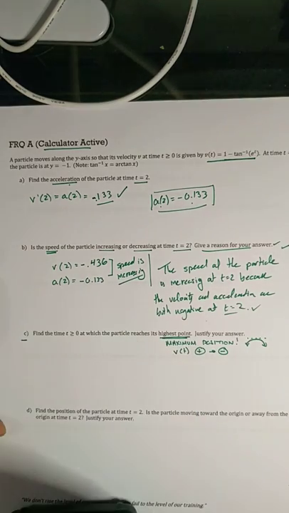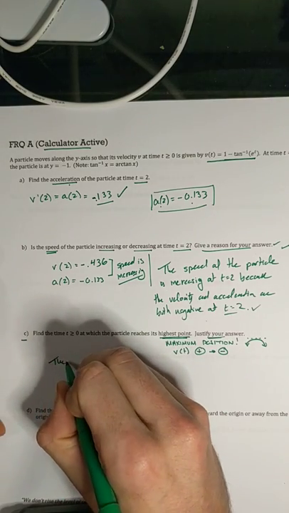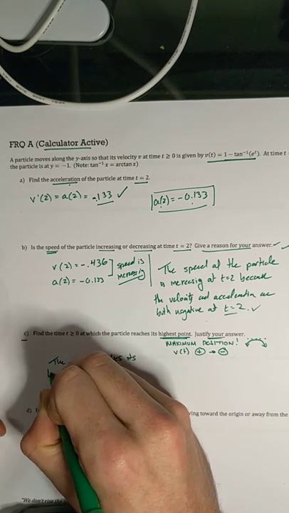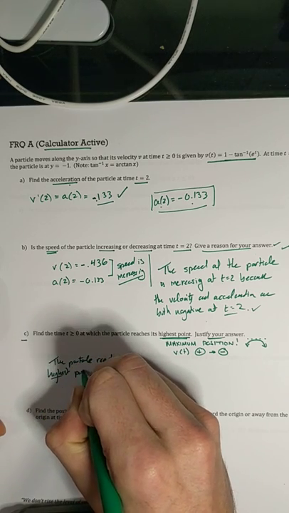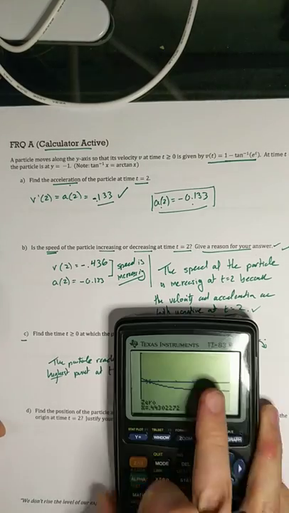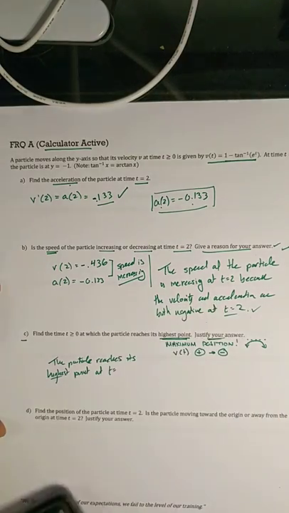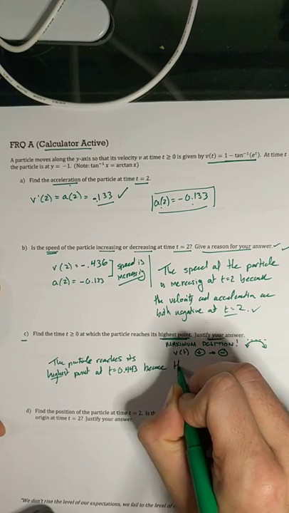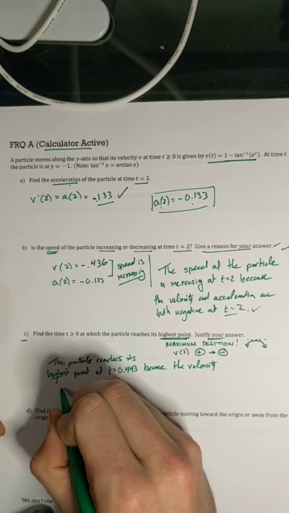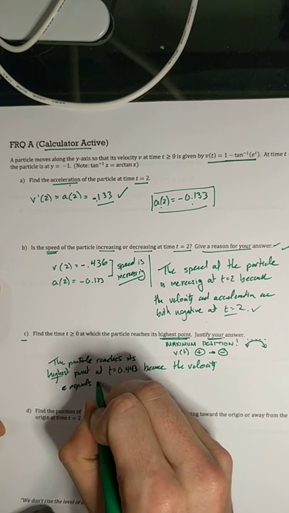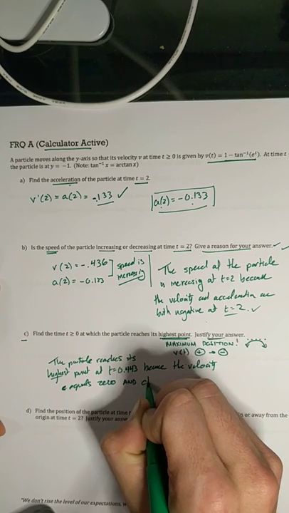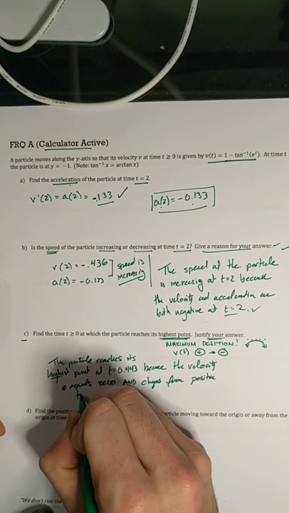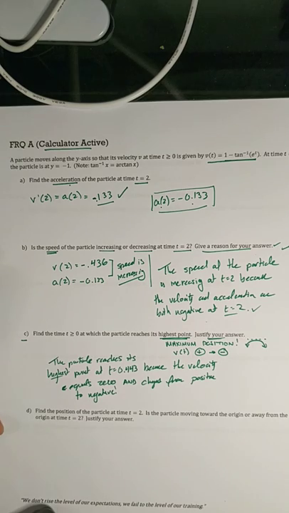So, restate your question because we're going to need to justify in a moment. The particle reaches its highest point at t equals, I'm going to consult my calculator, 0.443, because the velocity equals 0 and changes from positive to negative.